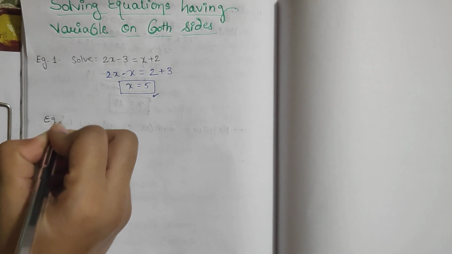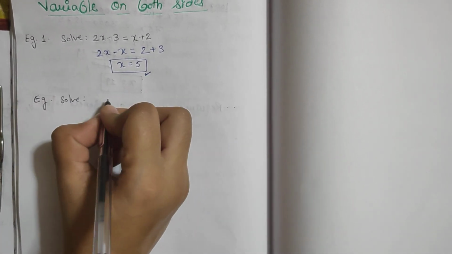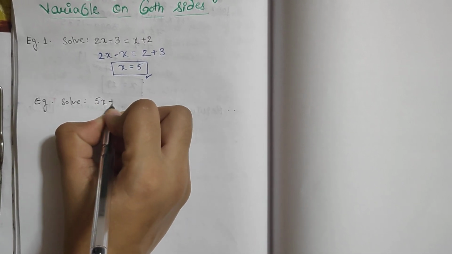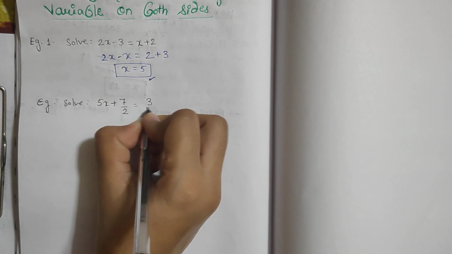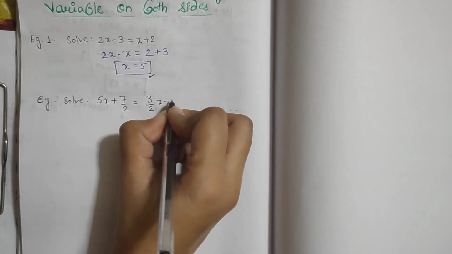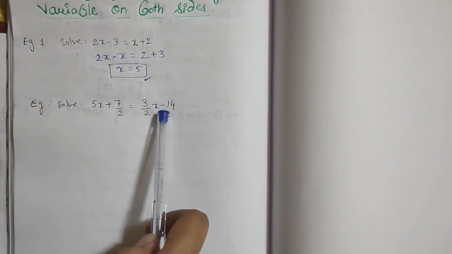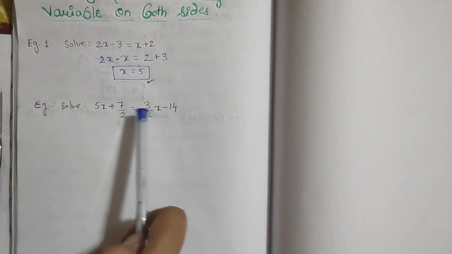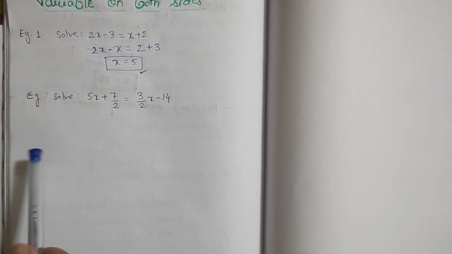Okay, now we have to solve the example 5x plus 7 upon 2 is equal to 3 upon 2x minus 14. Here we will find that rationals are given, or we can say fractions are there in this example. Now how to solve such examples? There are two ways.